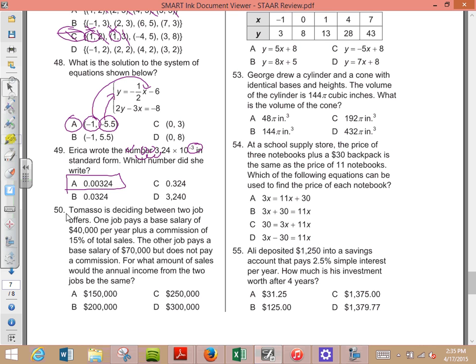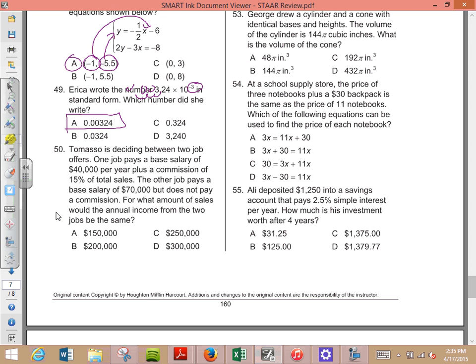Okay, Tommaso, what a name, is deciding between two job offers. One job pays a base salary of $40,000 plus a commission of 15% on the total sales. The other job pays a base salary of $70,000 but does not pay commission.